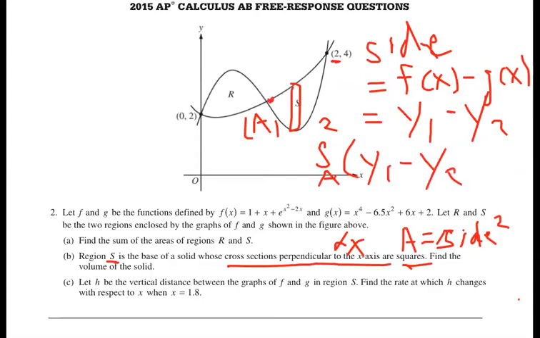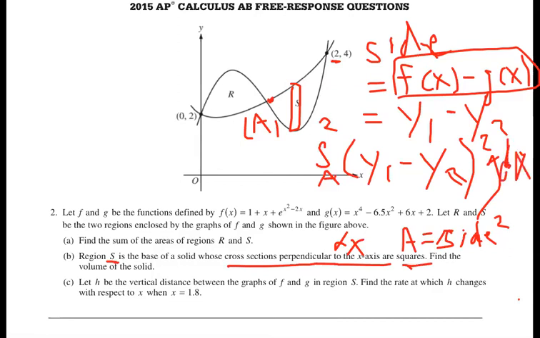This is what you type in your calculator. You'll use this in the box if you want to show the person the formula you're using, and you're going to square that because we're doing the area squared dx. Now, when you type what I just wrote down, from A to 2 of y1 minus y2 squared dx, that's going to give you your answer.